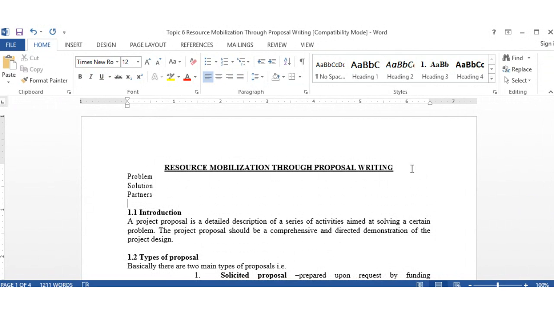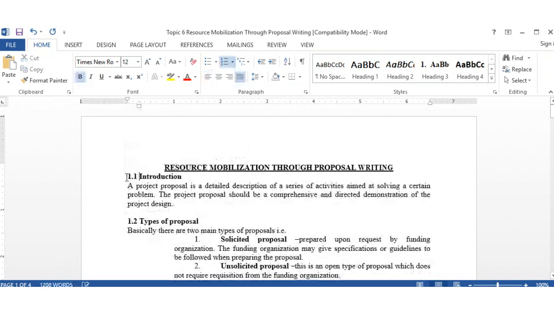You also need to inform them the impact of your solution to society. When you identify those 4 items entirely, the rest is just additions of who you are and why you are applying for the proposal, why you are applying for the money or for the resources you are applying for in kind.